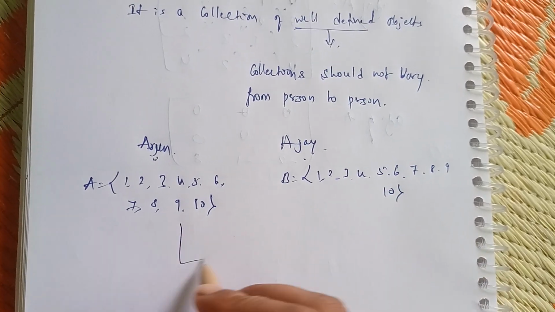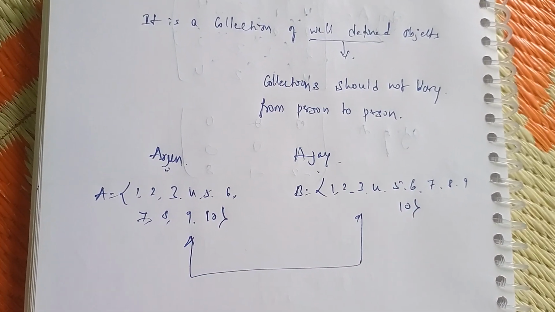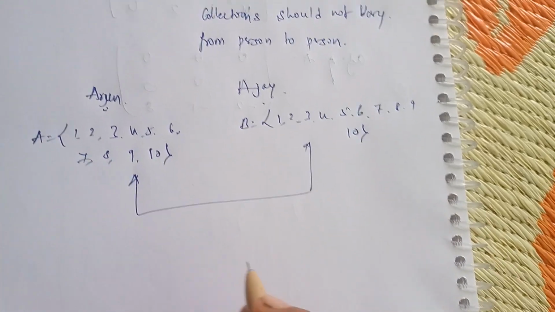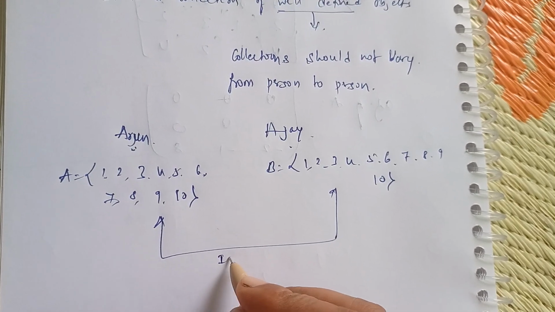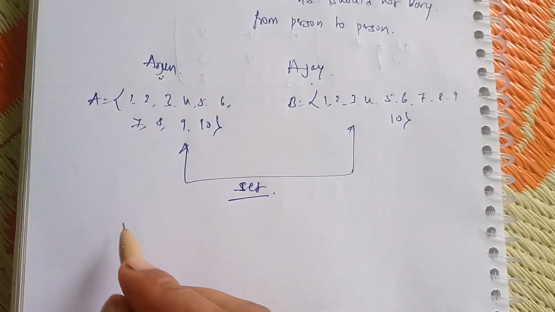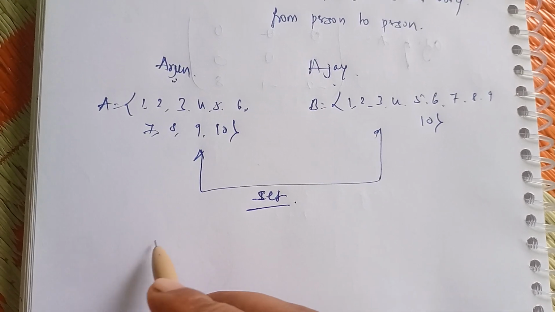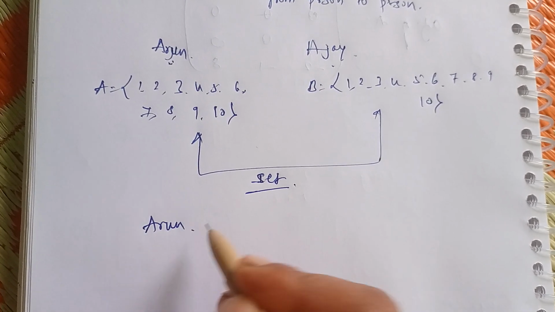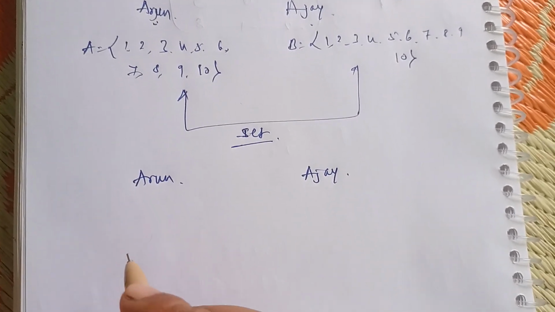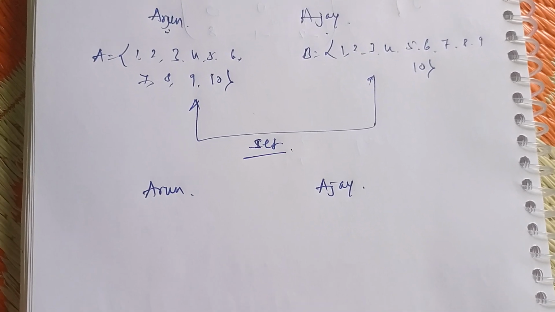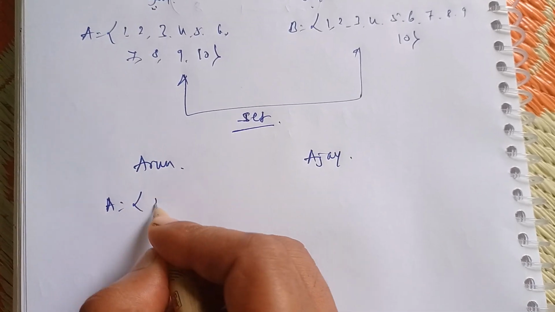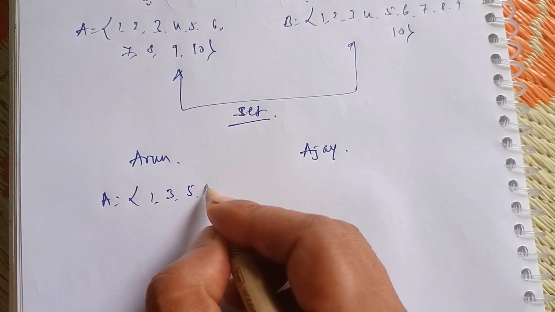This type of collection is called a set. Then one more example, with the same people. I tell Arun, collect the first 5 odd natural numbers: 1, 3, 5, 7 and 9.